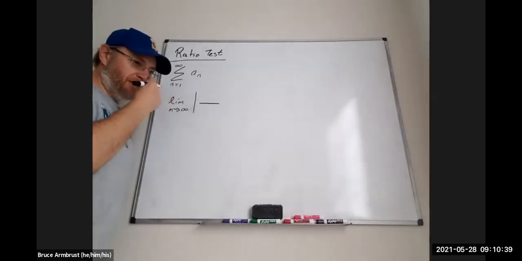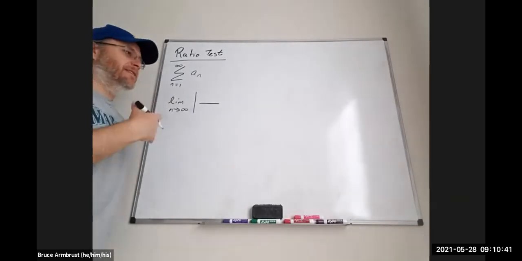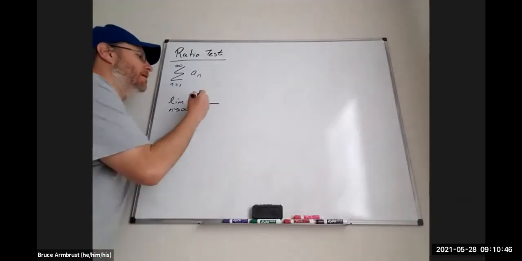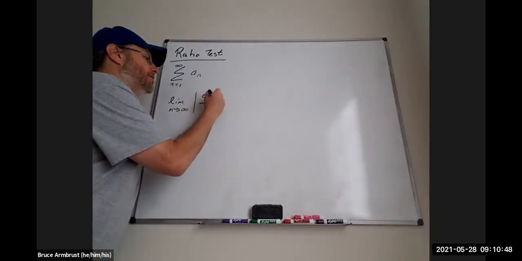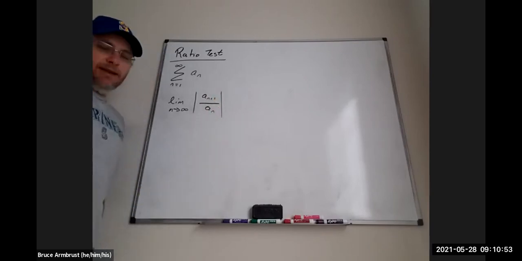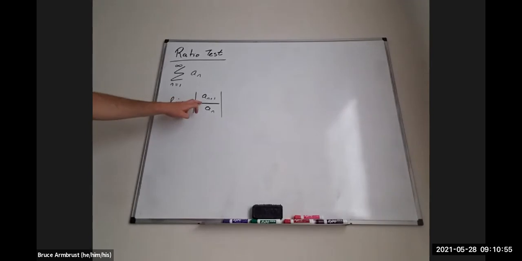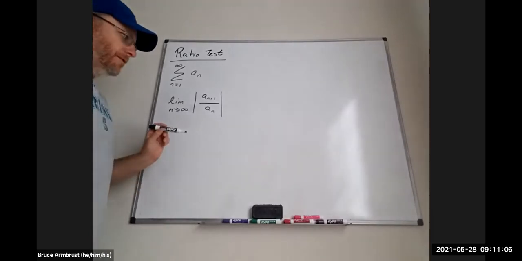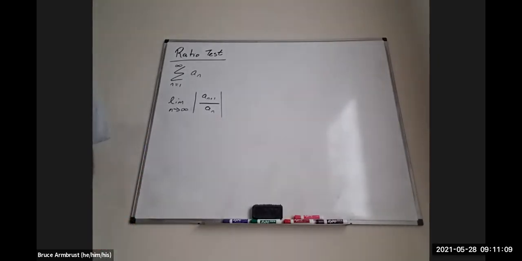We're going to look at successive terms, two terms in a row, and look at their ratio: the n plus first term over the nth term. That just means we're looking at the next one divided by the current one. Let's call this limit L.